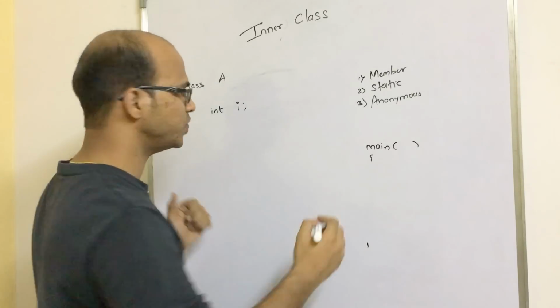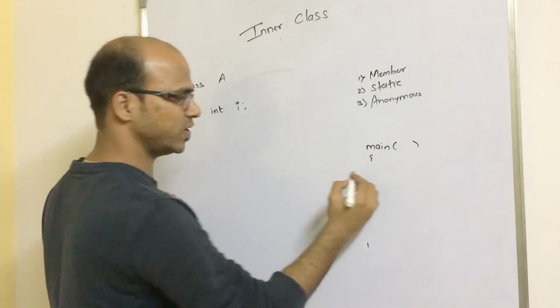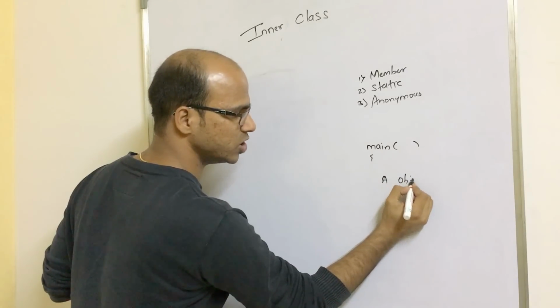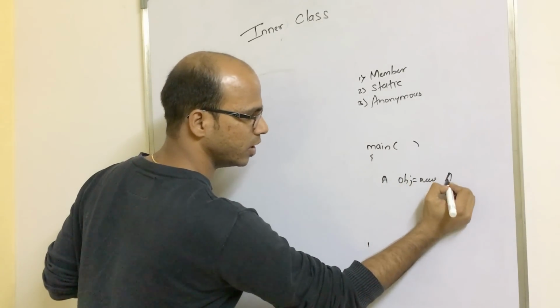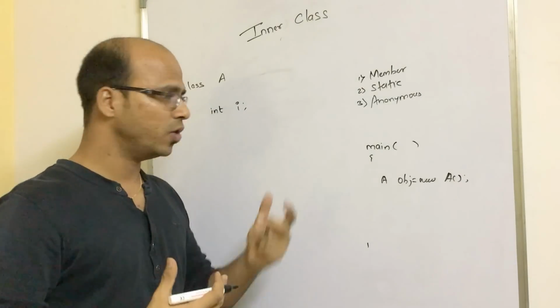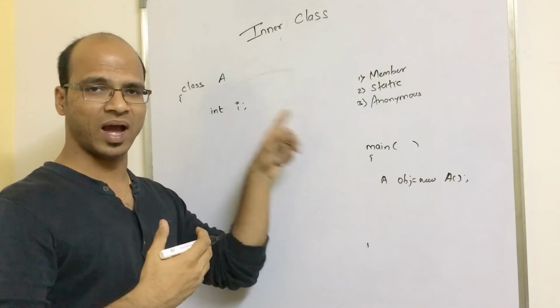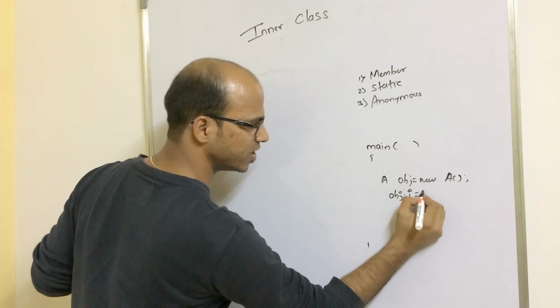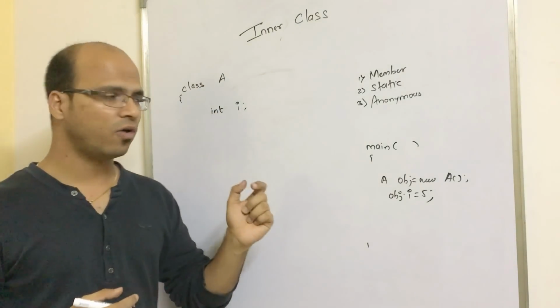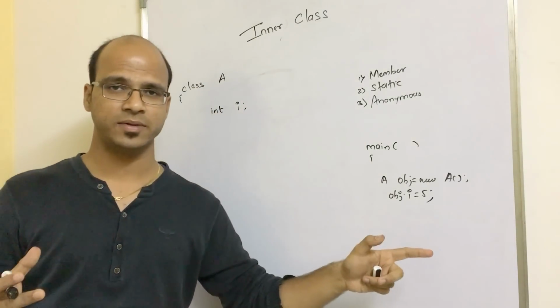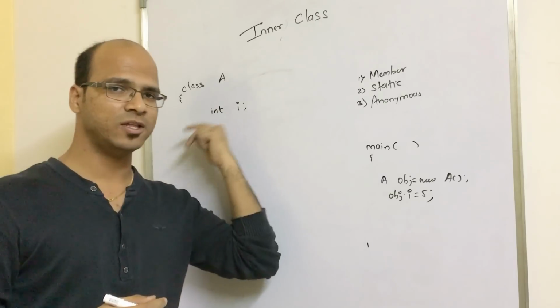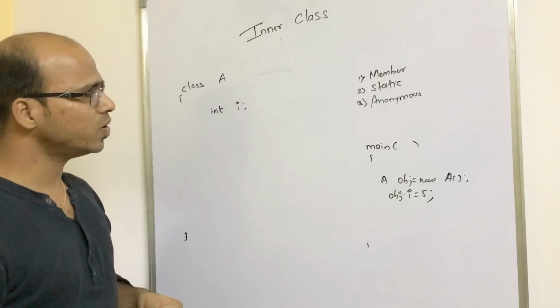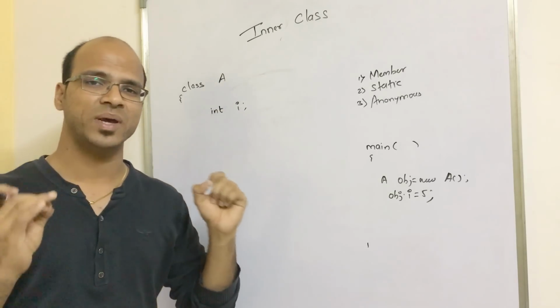We can create an object of A. So we can say A obj equal to new A, and then we can say obj dot i, and we can assign some values. Now the value of this i is 5. That's how we assign values, and that's a non-static variable.